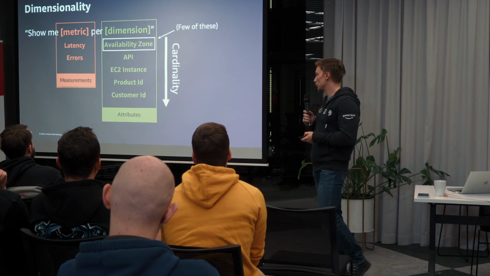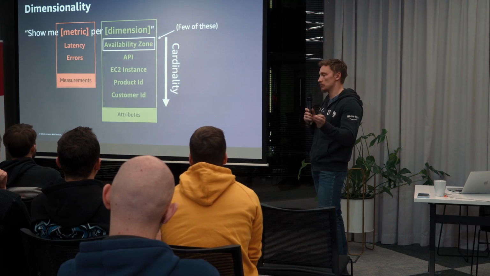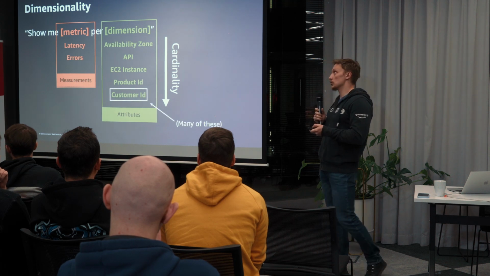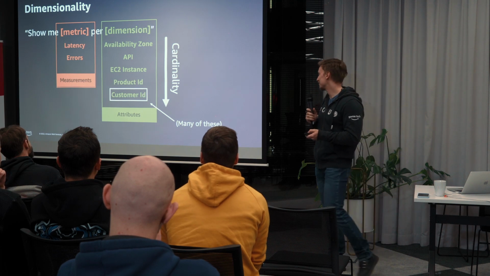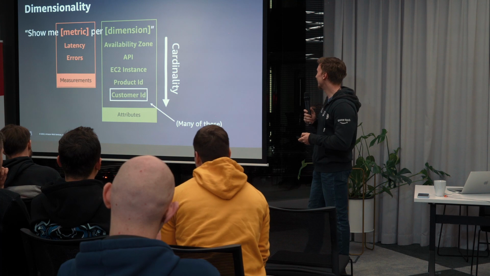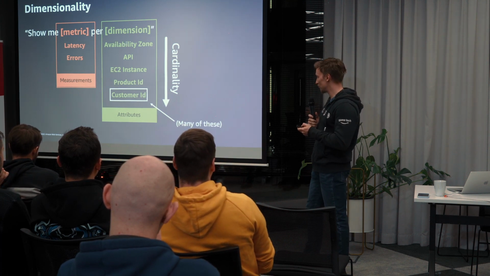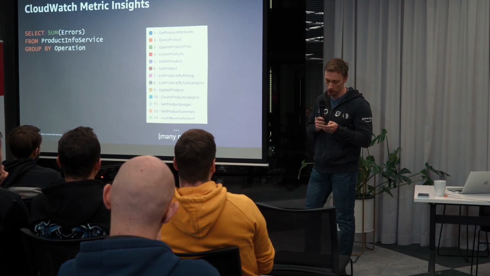There might be just 3 availability zones. Totally fine. We can get metrics out of it and look at it. But we can have millions of customer IDs. I hope you have. If not, you have a bad business. So there are plenty of customer IDs, and we can tackle this issue in 2 different ways.